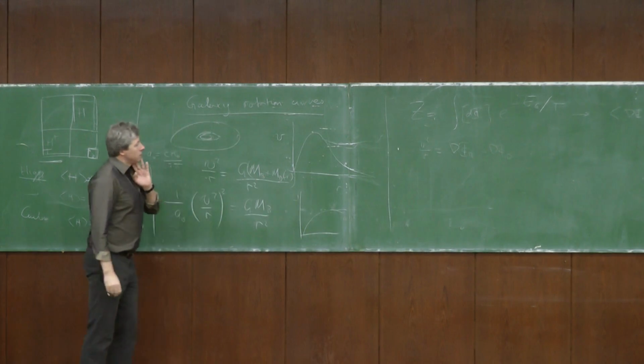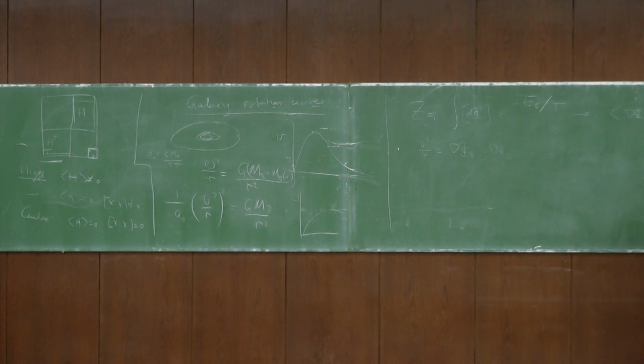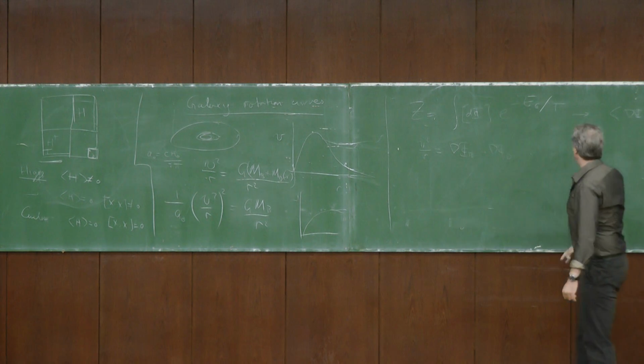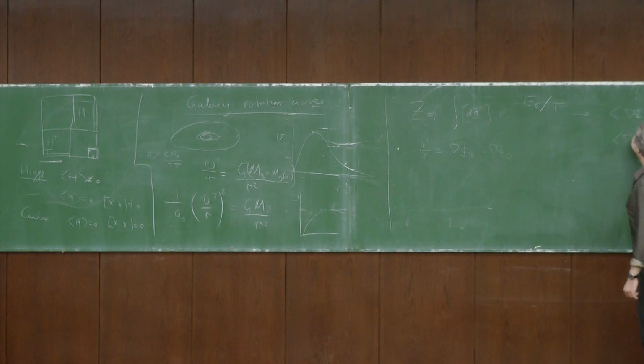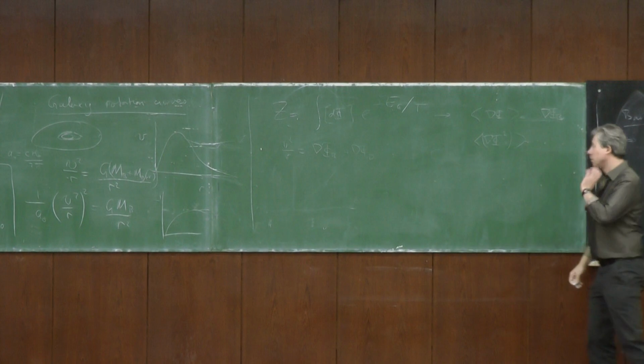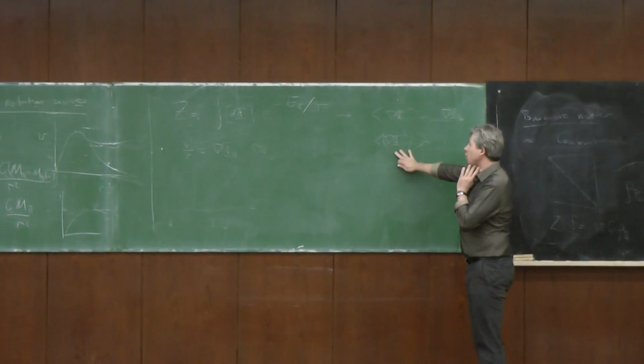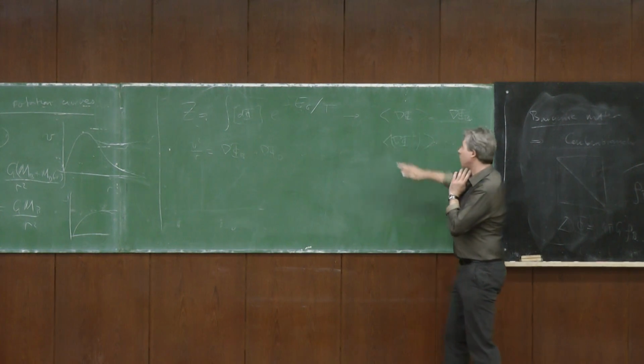I'm claiming that if I calculate the fluctuations due to the thermal states, I get a contribution from the 2-point function. So the fluctuations must come from here. Here I define this 2-point function by subtracting the 1-point function.